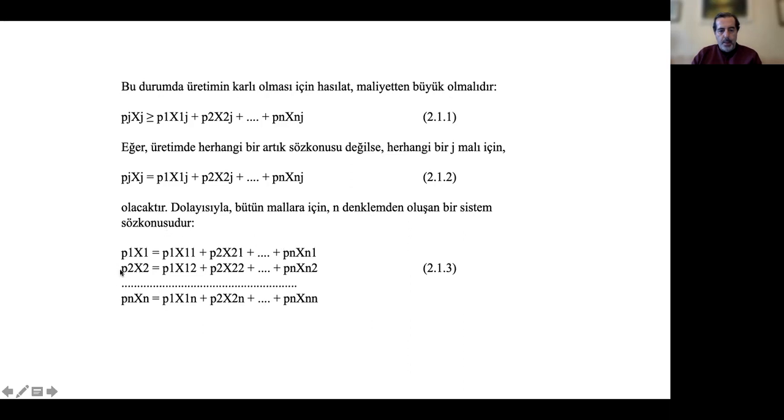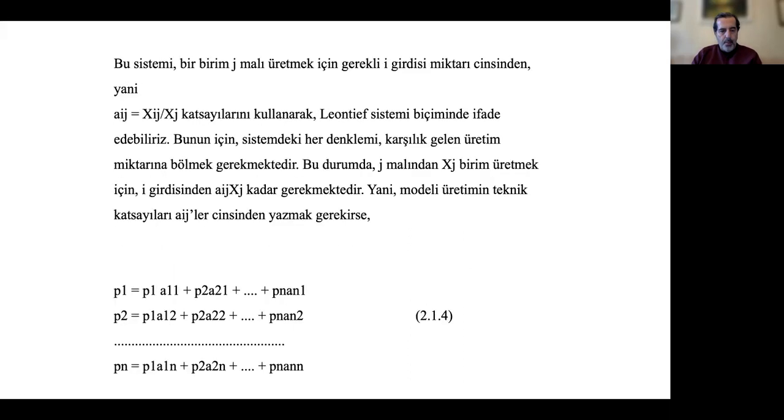So this model of the quantities of production can be written in another form by using the technical coefficients of production. This Aij is the technical coefficient of production.